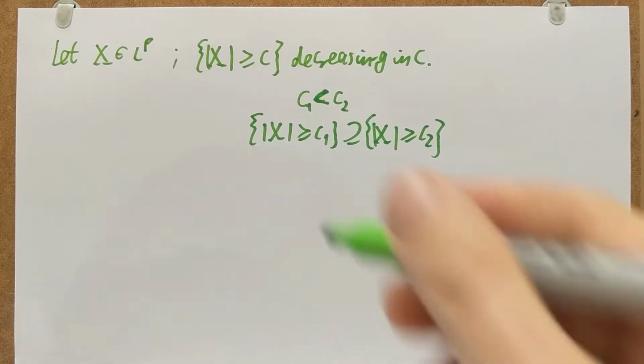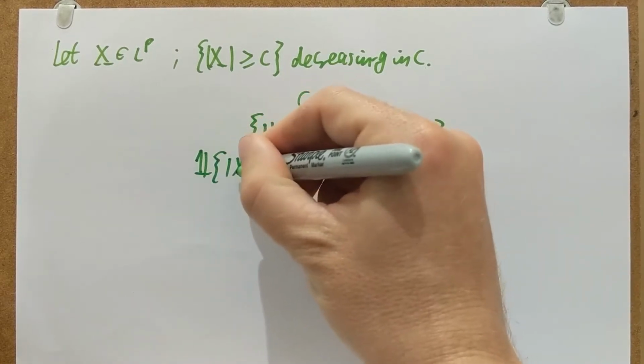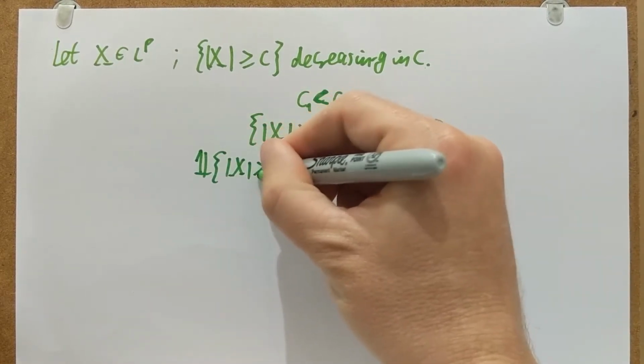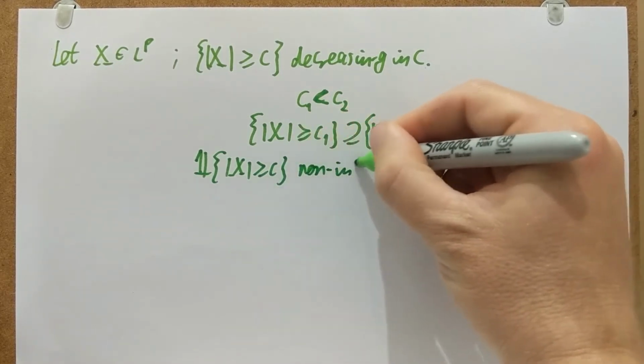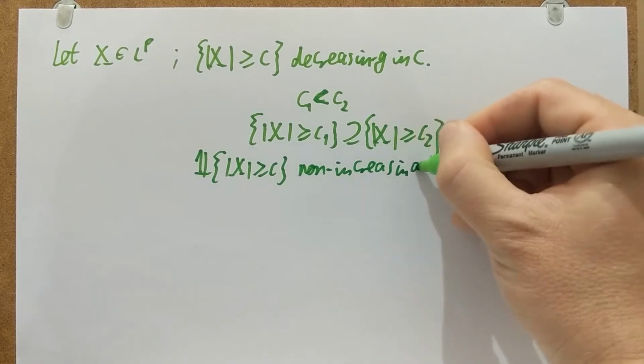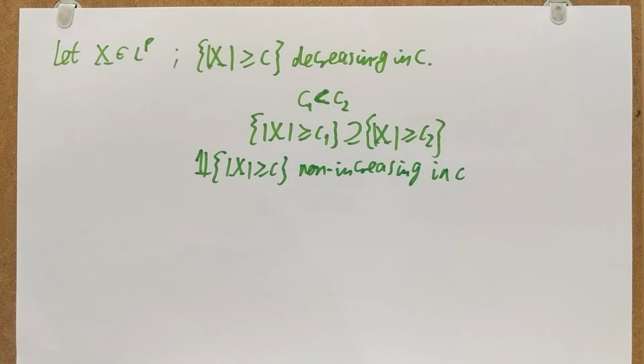That also means that if I look at the indicator of these events as numbers, these are 0, 1 numbers, they are also non-increasing in c. These are random variables. For a particular omega, it might be 1 for a while, and then eventually, as I increase c, this condition will fail to hold, and in that case, this indicator will drop from 1 to 0 for any particular omega.